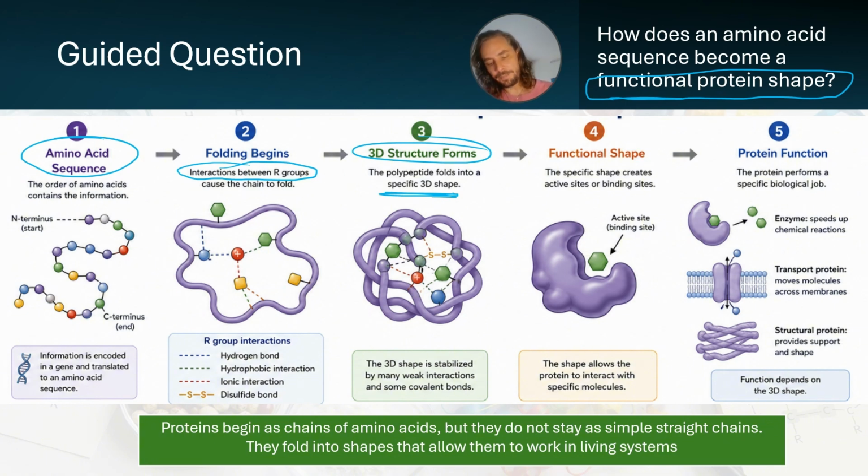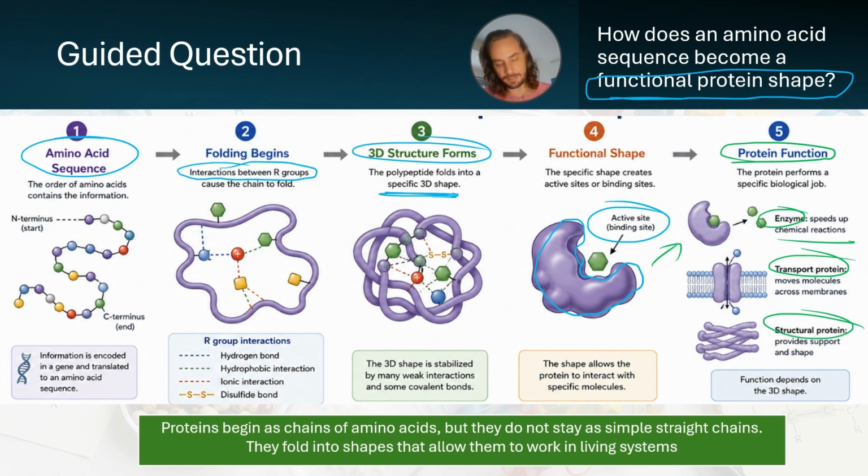And then finally, that 3D shape might be the final form, or it can have a quaternary shape, but this 3D structure is the functional shape of the protein that has an active site or a binding site, for example. And then this leads to protein function. So in this case, this is an enzyme that speeds up chemical reactions, but it could also be a transport protein or a structural protein that provides support.